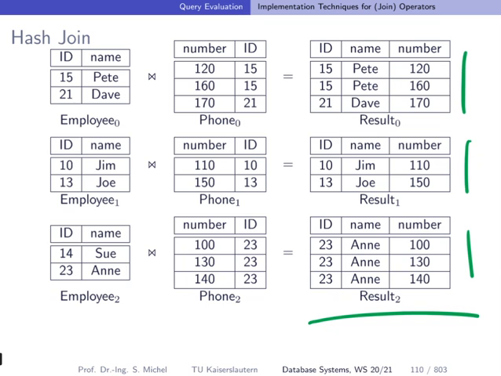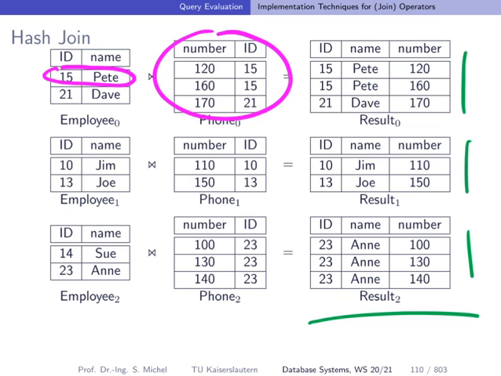Now in order for this to be correct, it has to be ensured that if there's a tuple, let's say here, that this tuple, 15 and Pete, will find a join partner only here, if the join partner exists. It's of course okay if there's no join partner. Well, then there is no result tuple involving Pete and 15.